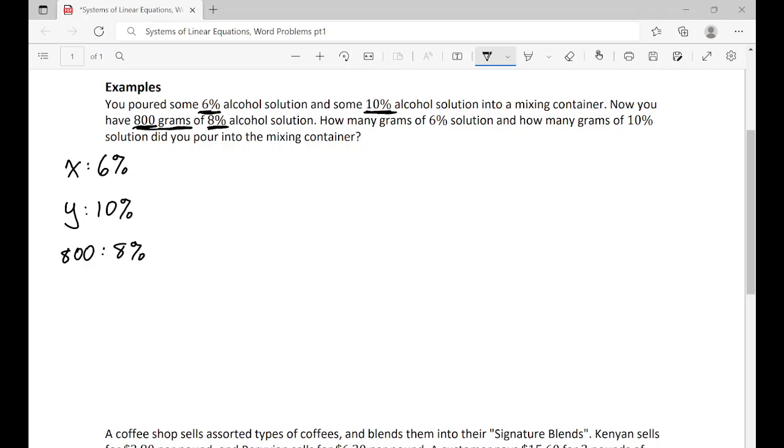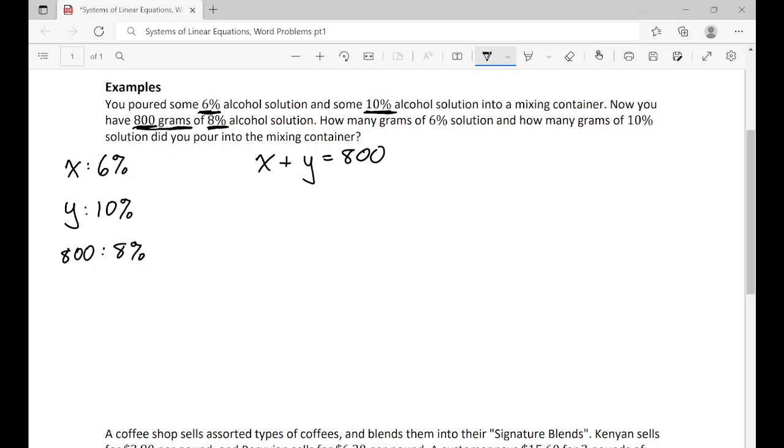So let's set up my system of equations. I have stuff dealing with percentages, and stuff dealing with weight amount, grams. Let's start off with the grams, because that's typically the easiest. I have some X amount of the first, and when I add it to some Y amount of the second, I get 800 grams.